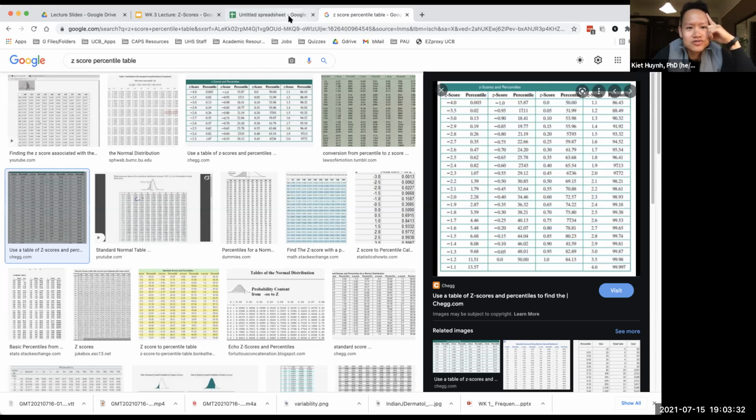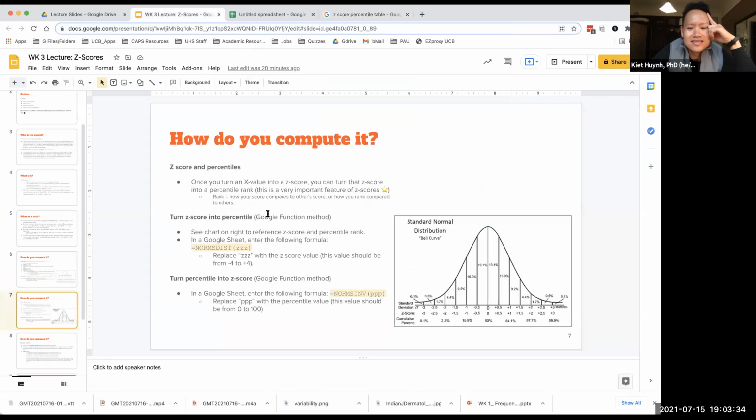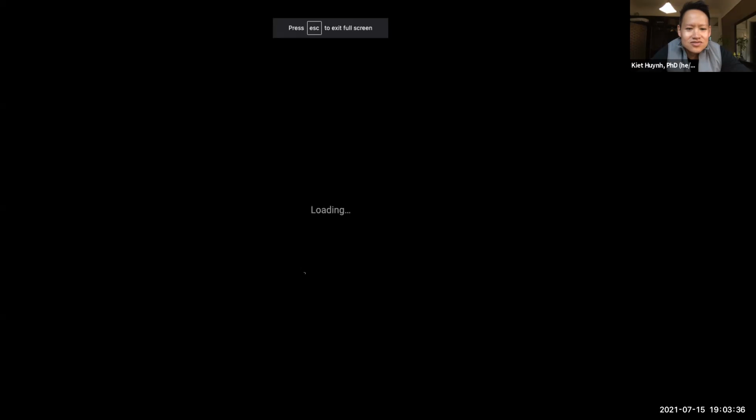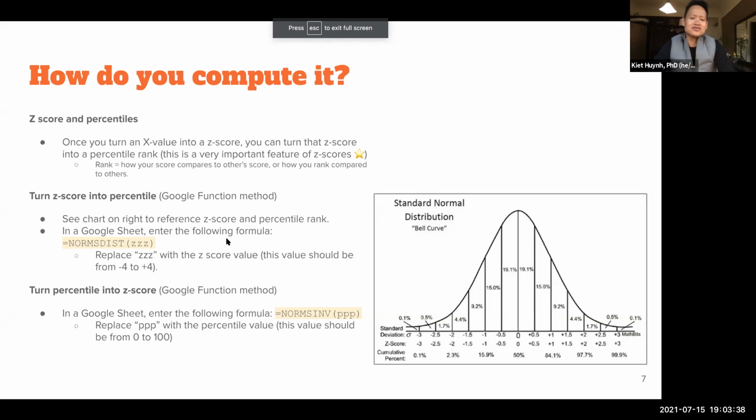So let me show you the new school way of doing it. The new school way is just using whatever software you're using. We're using Google Sheets here as our software. Just to mention, that table with all the ranks is similar to this chart we see here.